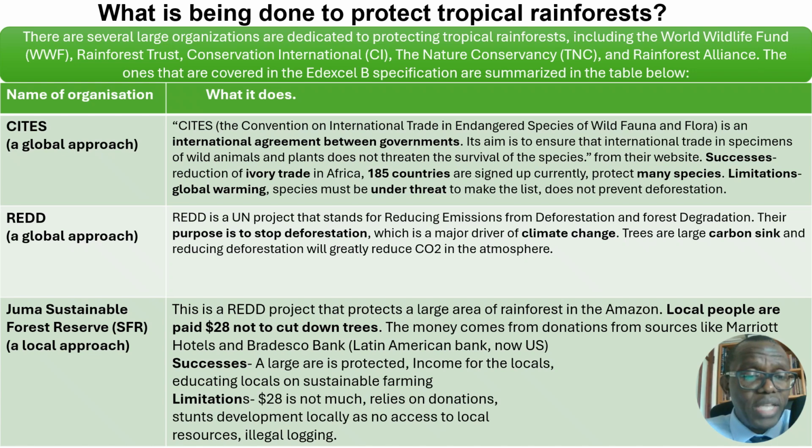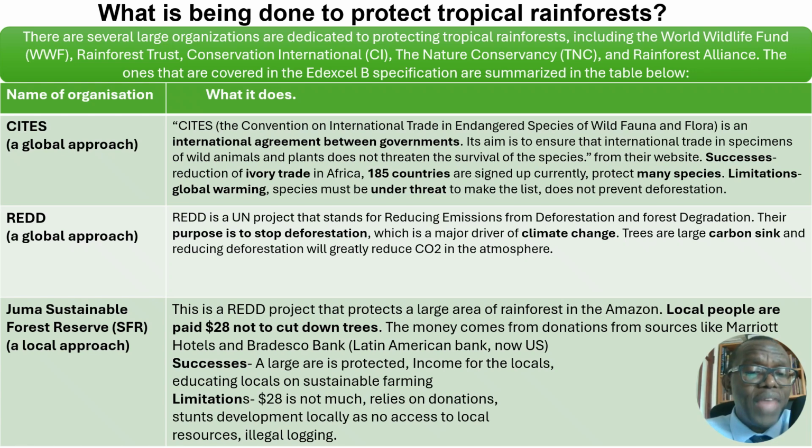Then the second organization here is REDD. It's a UN project that stands for Reducing Emissions from Deforestation and Forest Degradation. So their purpose is to stop deforestation, which is a major driver of climate change.